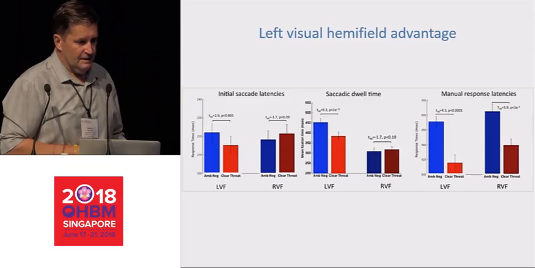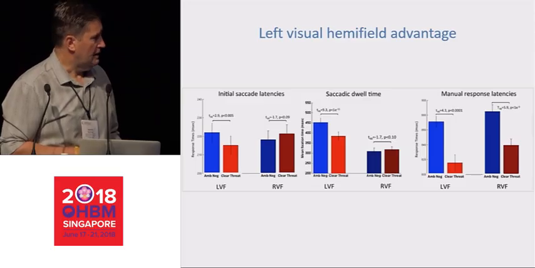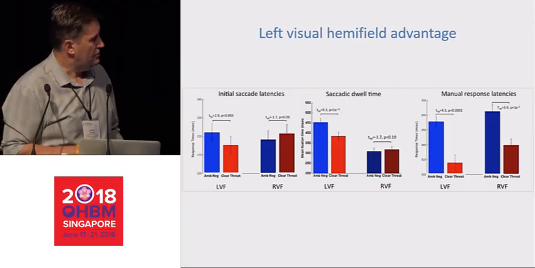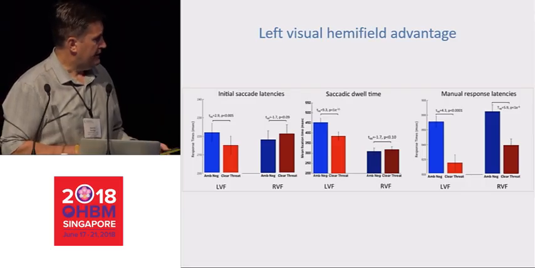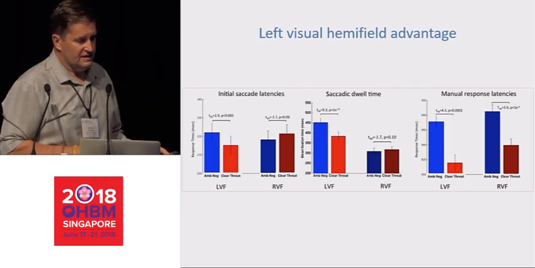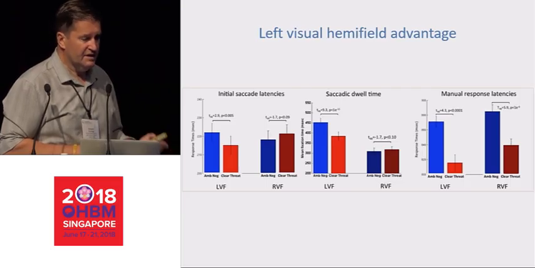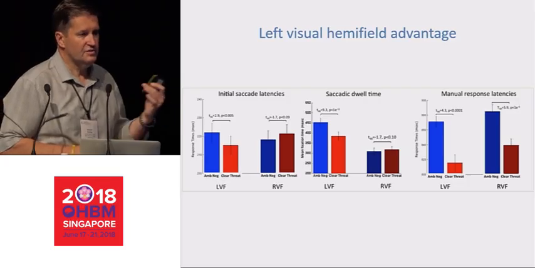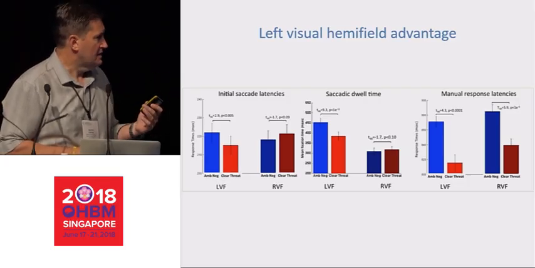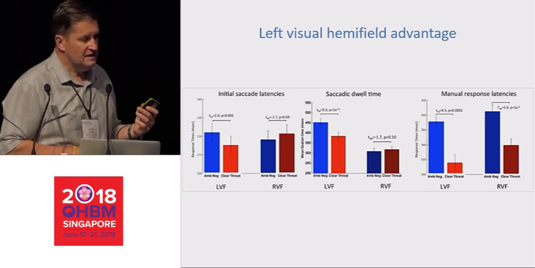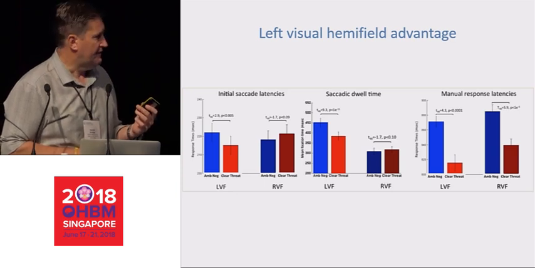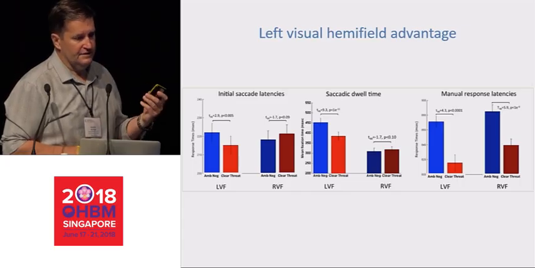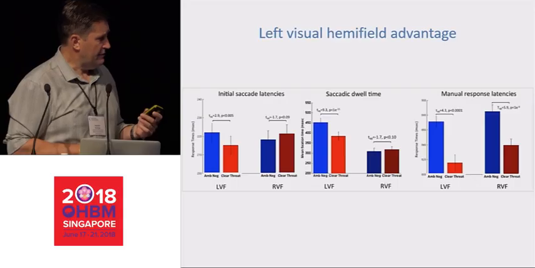So there's what we've discovered. I'm going to talk about the saccadic data first. What we found was that the initial saccade velocities were faster. We didn't tell the subjects to look at any particular scene. They chose to do it freely themselves. So they first looked at the threat scene on the left, and that was faster by a significant amount than looking at the threat aftermath scene.